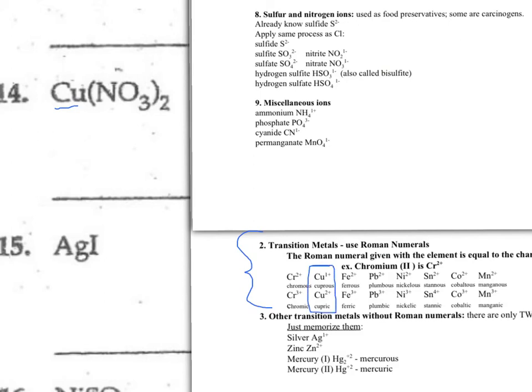And then since there's 1, 2, 3 capitals, that's a clue that there's going to be a polyatomic ion in there. And the polyatomic ion is this NO3. It's all bunched together in the parentheses because this whole thing always will travel as a unit. And NO3, if you look over here, is nitrate.